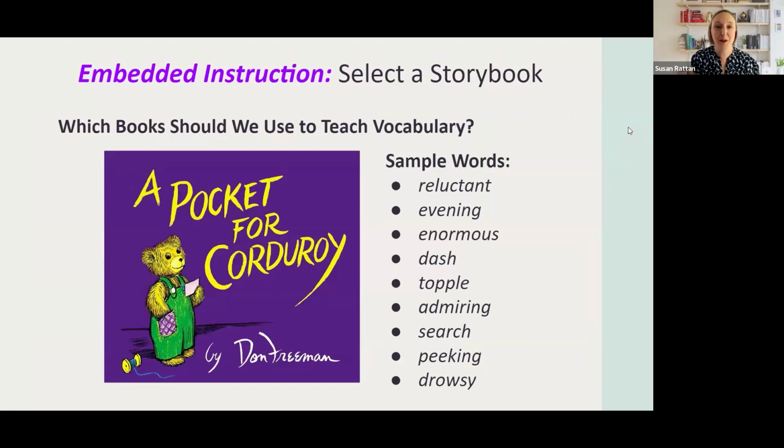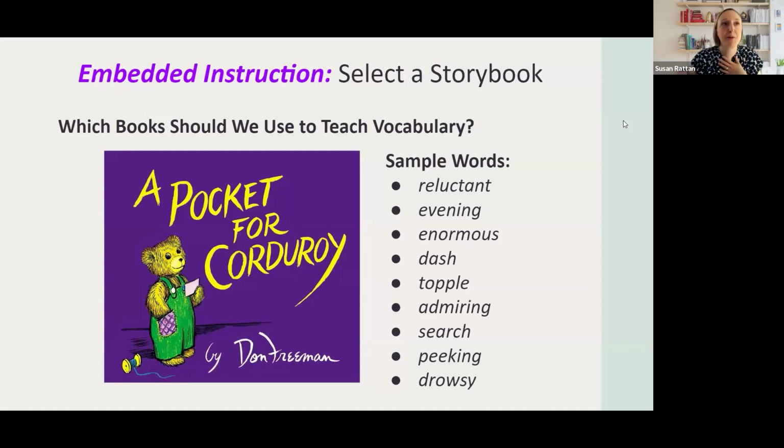In this example, A Pocket for Corduroy, before we even get to what kinds of words we want to look for, you can probably already tell these are some great words that kids probably don't know, or a lot of them may not know, but they're words that we could easily teach a simple definition of, so that they could understand those words moving forward.